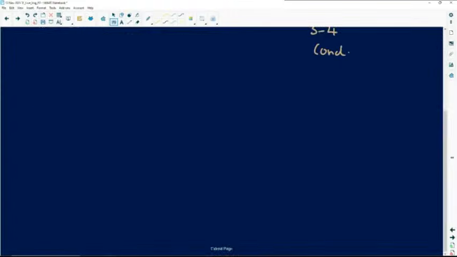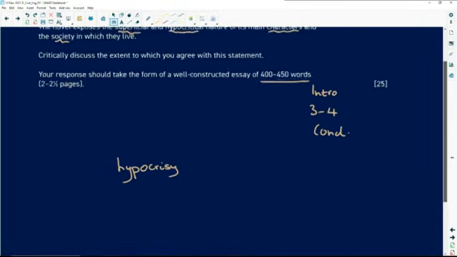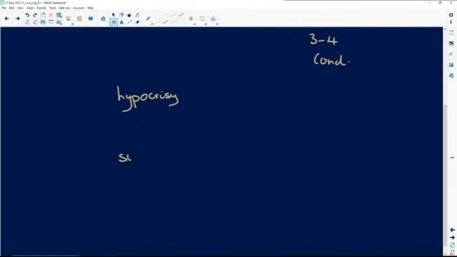I prefer a mind map, but you might prefer to say, all right, I have to look at hypocrisy in these characters and in society, and superficiality. So I need to look at superficial characters. What you would do is find as many examples as you possibly can.